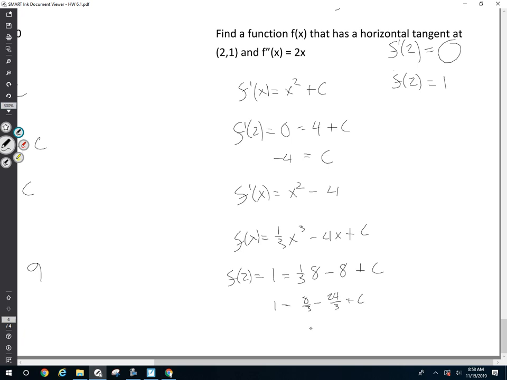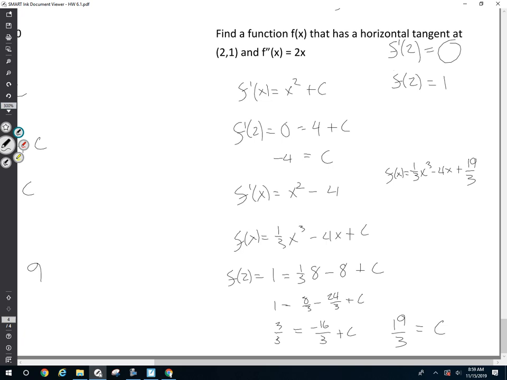It's negative 16/3 plus c. 3/3 would be 19/3. So my function f of x is 1/3 x cubed minus 4x plus 19/3.